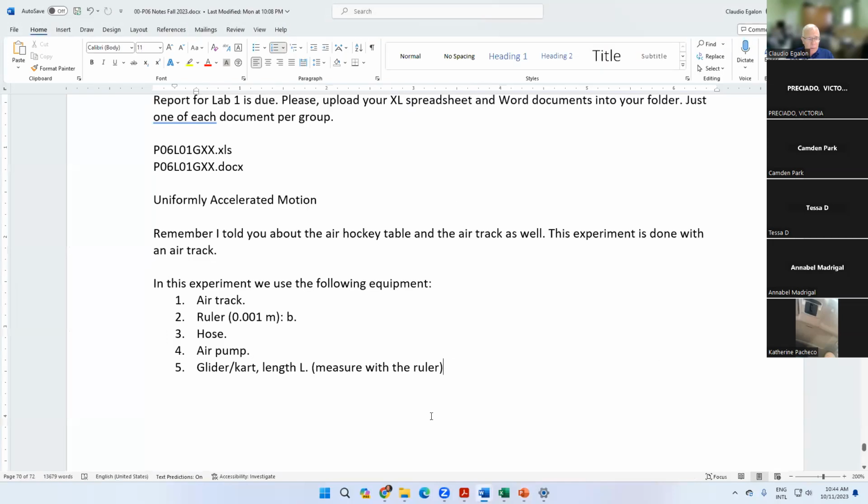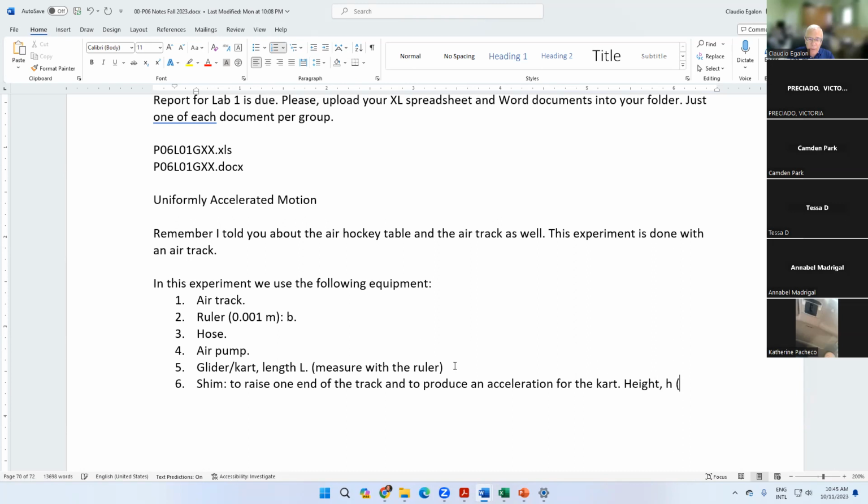So going back here, glider, cart, shim, to raise one end of the track and to produce an acceleration for the cart. The height of the shim is H.